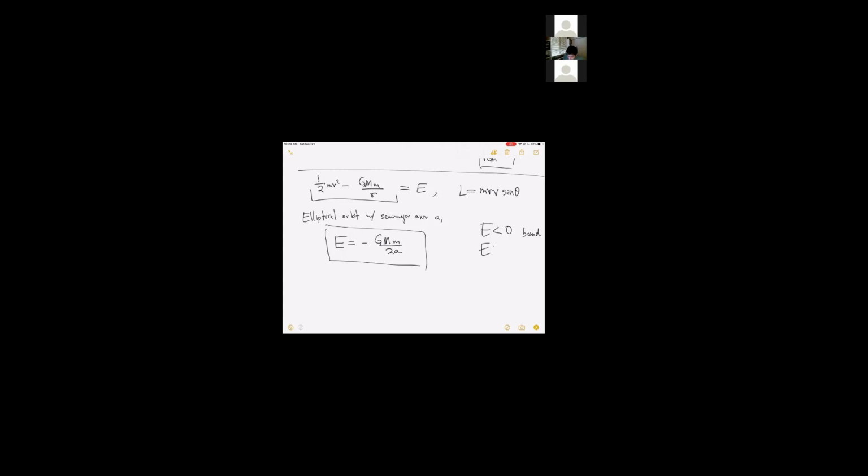And if E is greater than 0, then the orbit is unbound. That means that for hyperbolic orbits, a should actually be a negative value. So if you want to have an effective a, you should take it to be negative, if that makes sense. But my understanding is that there's not a very clear geometric interpretation that you can draw onto here.